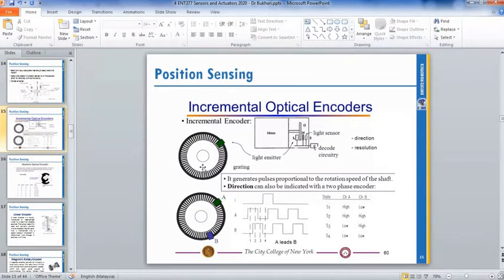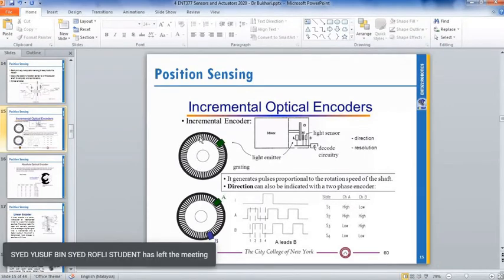If you have 200 windows or 200 slots, one rotation is 360 degrees, so you divide 360 degrees by 200 slots. So you get 1.8 degrees. 1.8 degrees is the resolution for this encoder.